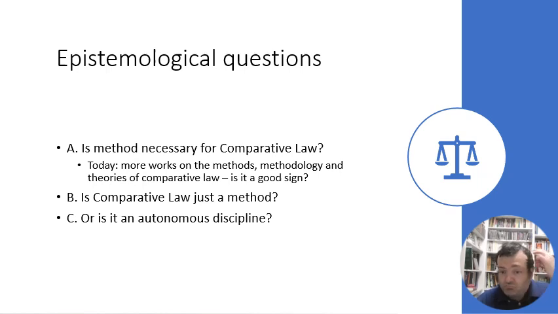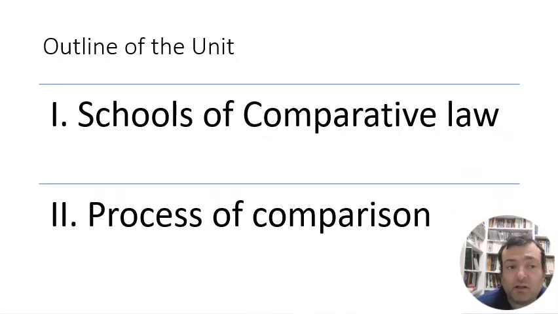Another question we can think about is: is comparative law just a method or is it an autonomous discipline? I think we already discussed this last time. So if we consider it to be an autonomous discipline, there are certain schools or approaches that we ought to know, and these will be the object of the first part of this unit, schools of comparative law.